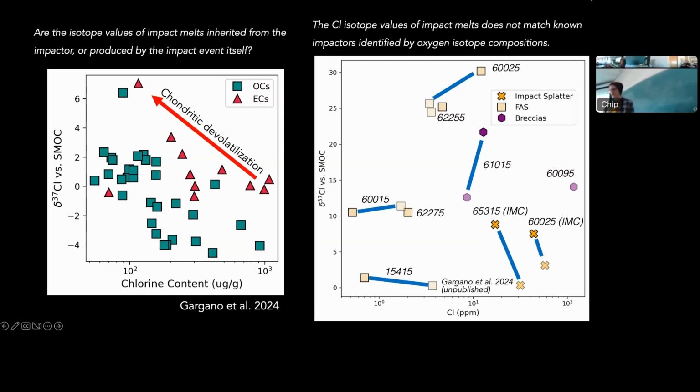Okay. So then my question is, maybe it's more than one process, and maybe that's the answer. But you have different directions. Almost always you're increasing the delta 37 value, but not always. And then sometimes you're decreasing the chlorine content, and sometimes you're increasing it. So do you have a process that does all that, or do you have a couple of processes that can do that, or am I asking a reasonable question?